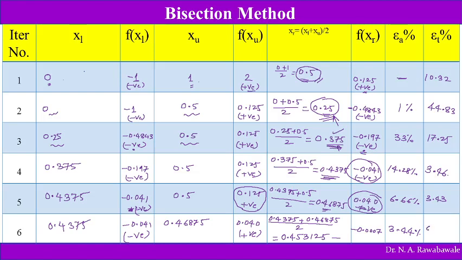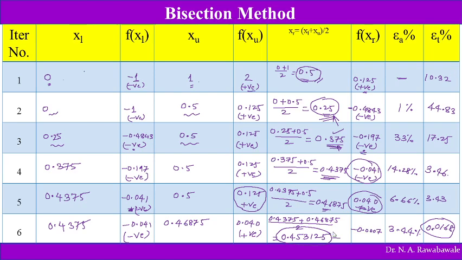So true answer or final answer which we obtained when the true error is 0.0168% is nothing but 0.453125.